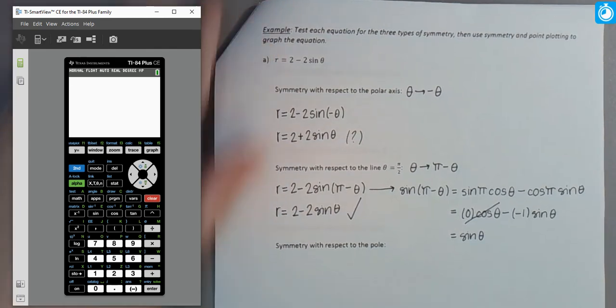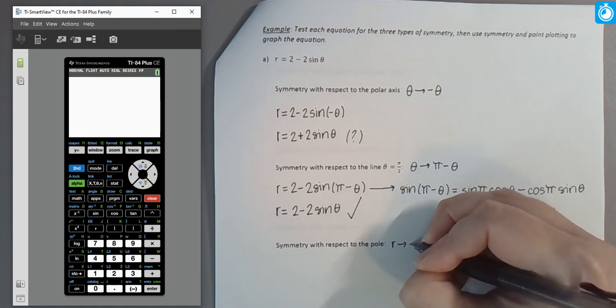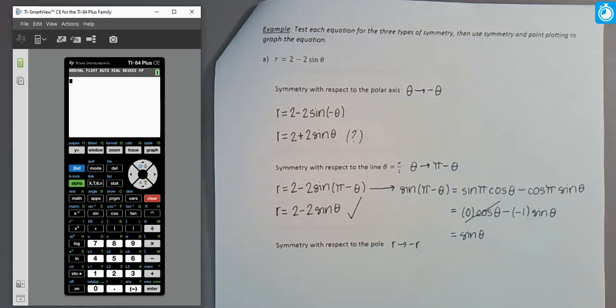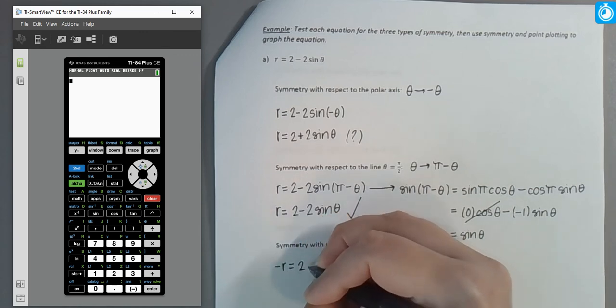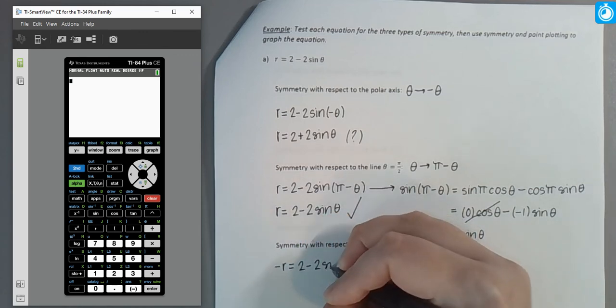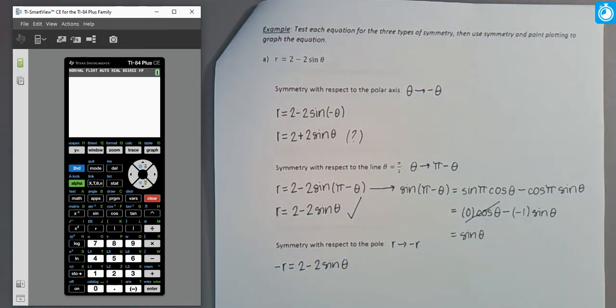Now we want to check for symmetry with respect to the pole. So here we're going to take r and replace it with -r. So we have -r is equal to 2 minus 2 times the sine of theta. The goal would be to simplify this and get it back to where it started.